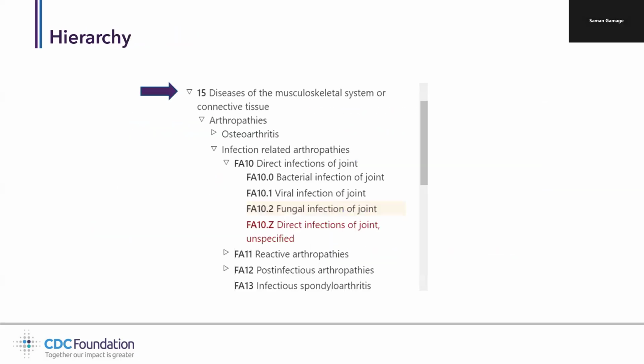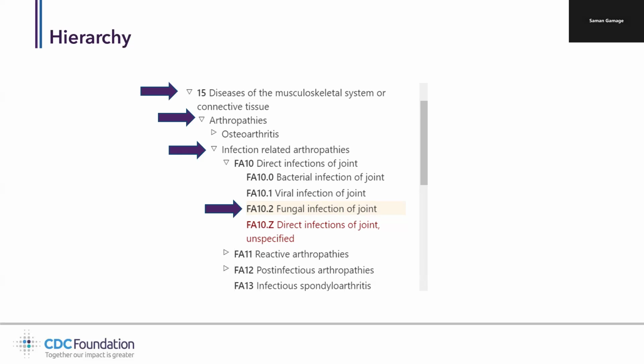And we talk about hierarchy. ICD-11 has a hierarchical structure. So we have chapter 15, diseases of the musculoskeletal system or connective tissue, and then categories are again divided, so it has a hierarchical structure.